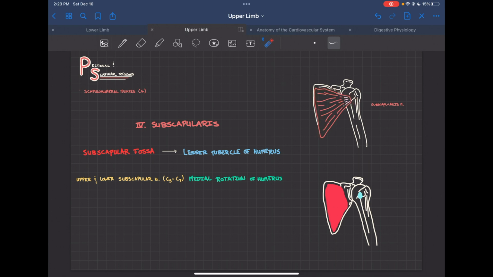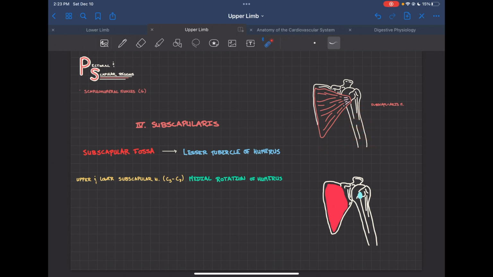It is innervated by the upper and lower subscapular nerves, another branch of the brachial plexus, and it's going to produce medial rotation of the humerus. So now that we're on the opposite side, if I shrink this muscle belly down, it's going to pull this way, which is towards the midline, so that's going to produce internal or medial rotation of the humerus.